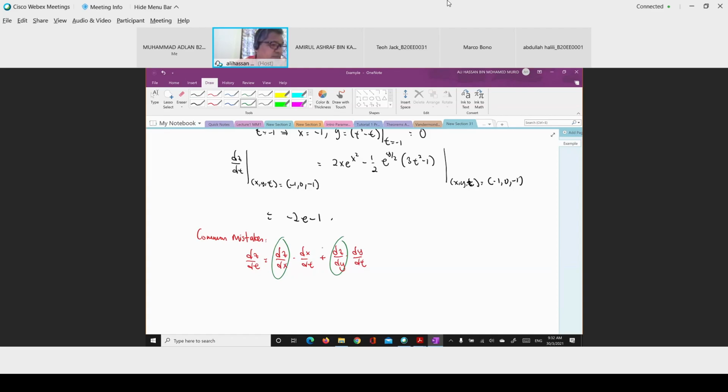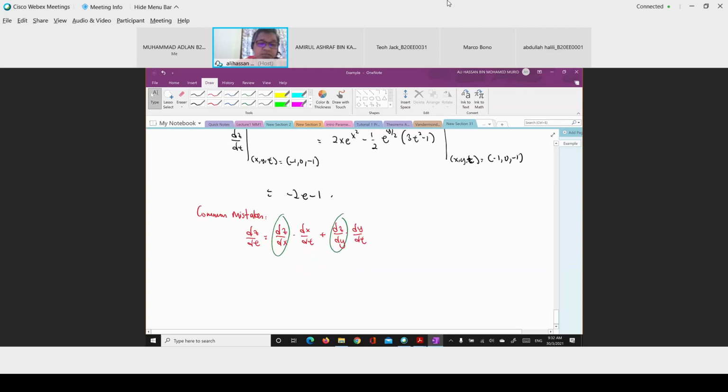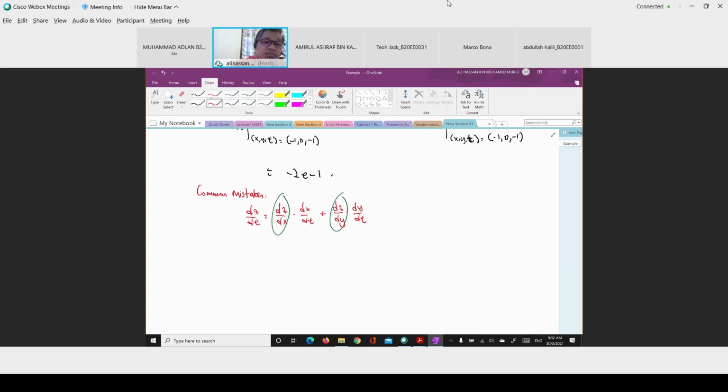So this is a common mistake committed by students, and sometimes students also write it in this form, as partial z partial x times partial x partial t, everything using partial derivative symbols.